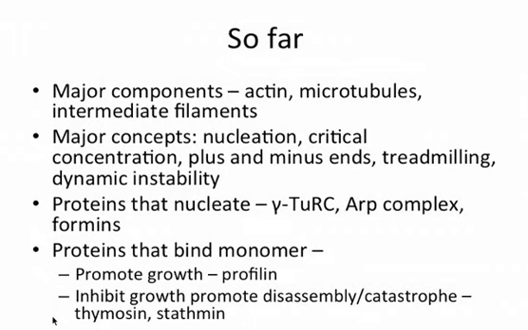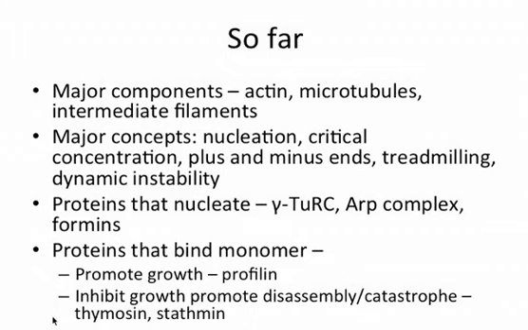You can say ARP, nucleate, and you have your formins, which will bind over here, right? And you can say formins. And then you've got your monomer, and you can say thymosin or profilin, and then what it does. And so this is how you can start to think about these things. Okay, that's all I'm giving you.